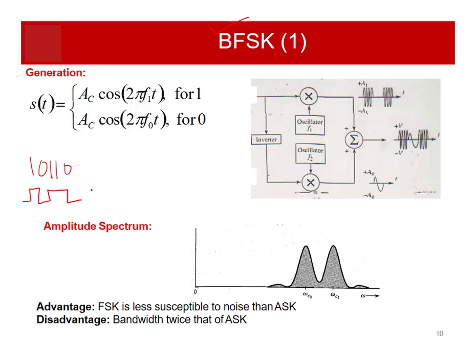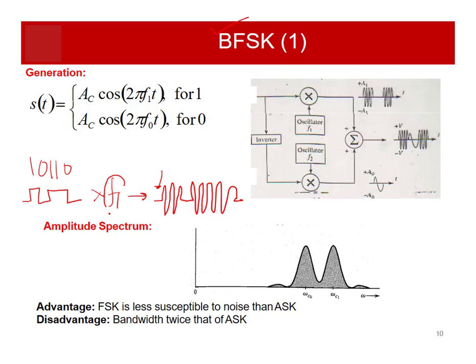If we multiply it with a signal of frequency f1, then we will get something like this: 0, then a particular frequency, 0, particular frequency, 0. We are getting 0 here because anything multiplied by 0 is 0.